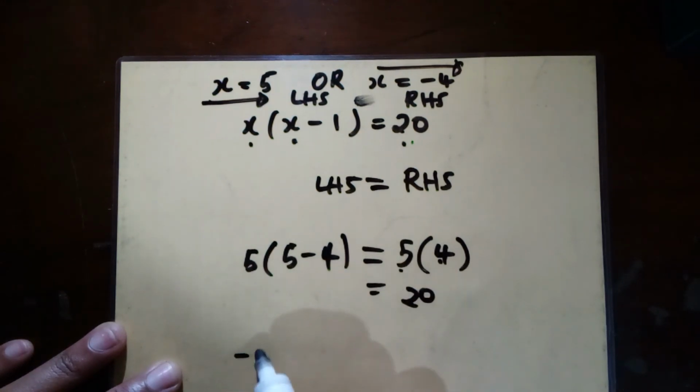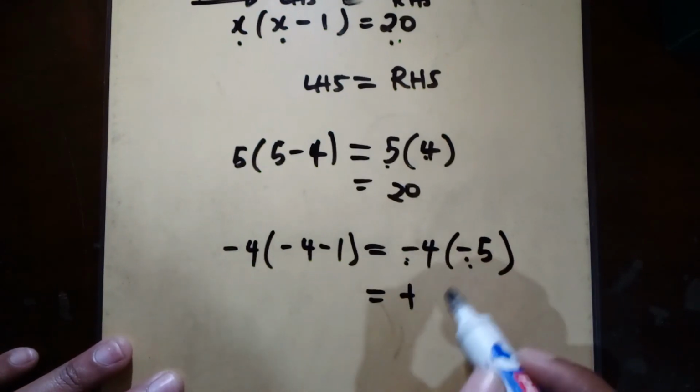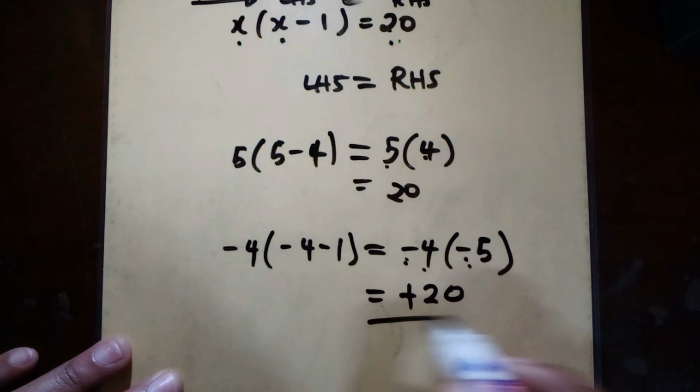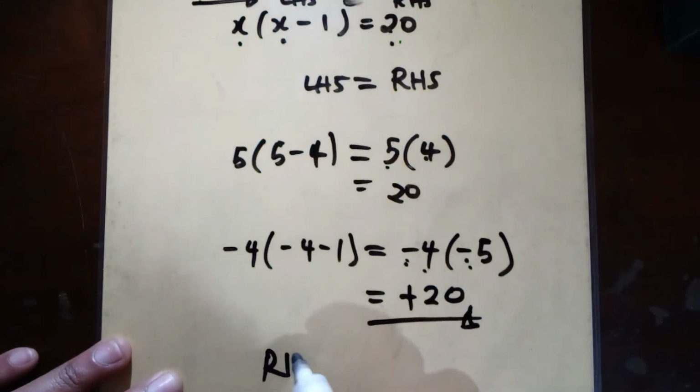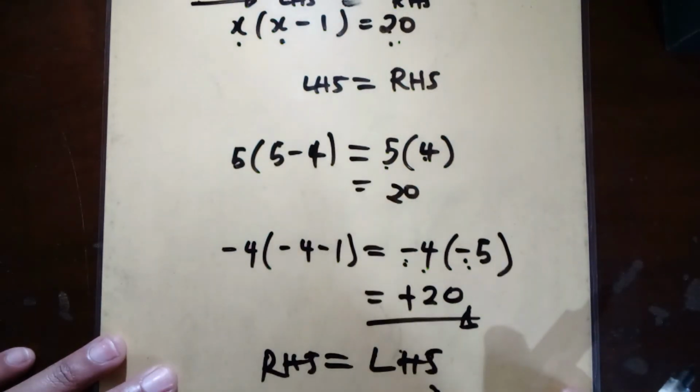We can do the same thing for minus 4. Minus 4 minus 1 is going to give us minus 5. And then a negative times a negative is going to give us a positive. 4 times 5 is going to give us 20. So we have proved that the right hand side is in fact equal to the left hand side, meaning the x values that we found are correct.